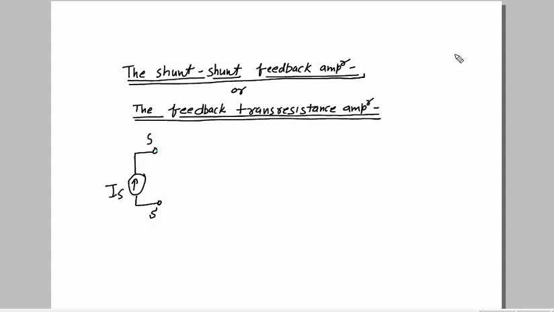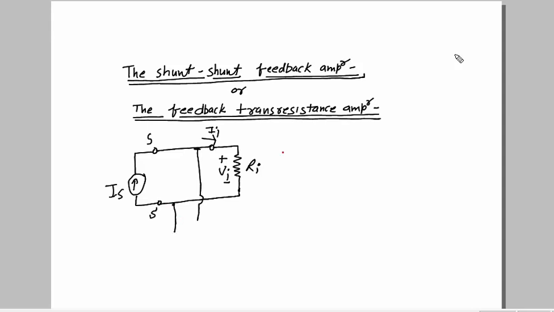This current is fed to the main amplifier, or the basic amplifier, which has input resistance Ri, input voltage Vi, and input current Ii. This is connected to the source, and from here we take a shunt connection for the feedback.